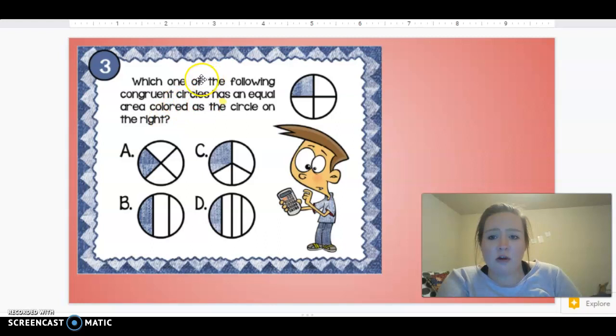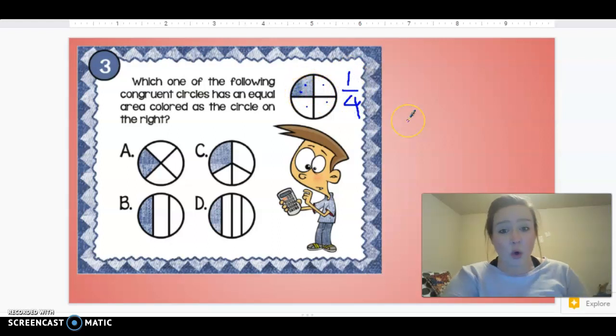Which one of the following congruent circles has an equal area colored as the circle on the right? Well, let's figure out. 1, 2, 3, 4. So my denominator is 4, and 1 part is shaded. Who remembers what the denominator tells you in a fraction?